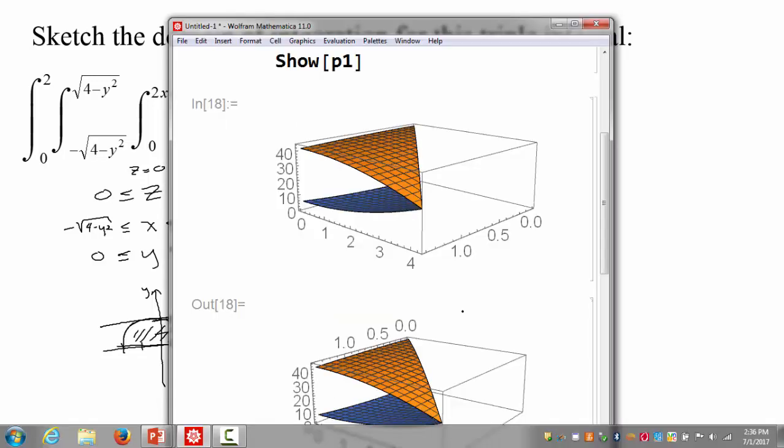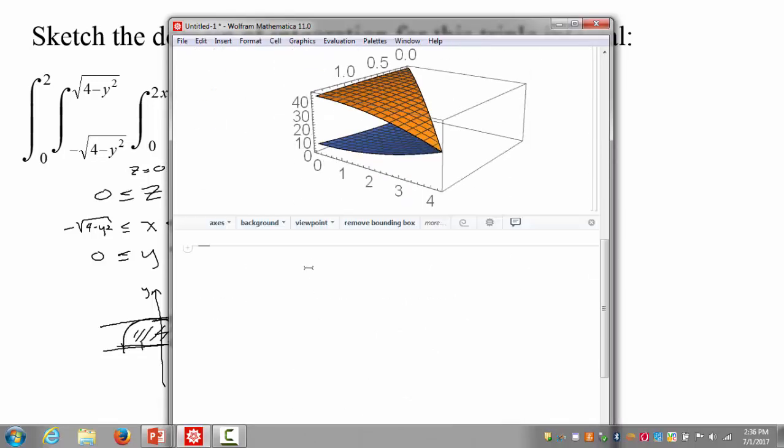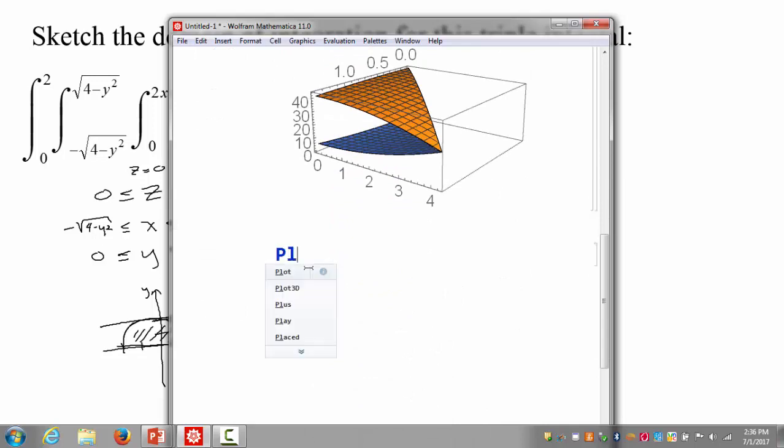So let's switch over to Mathematica, and I'll use the Plot3D command again to plot my two surfaces. So we're going to plot the surface z equals 0 and the surface z equals 2x plus y plus 4.